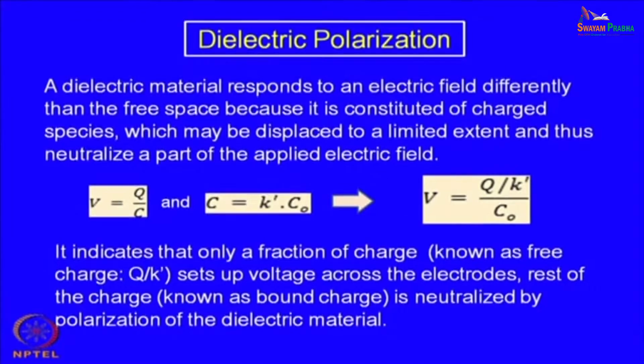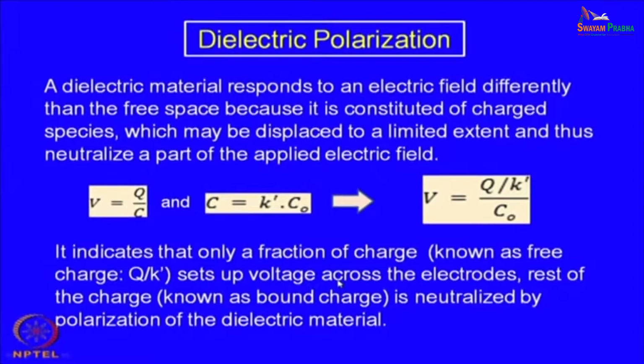These two equations give rise to another equation, which is V equal to Q over K prime C 0. So, you have basically a ratio of Q by K prime to C 0. C 0 is the capacitance of the vacuum.